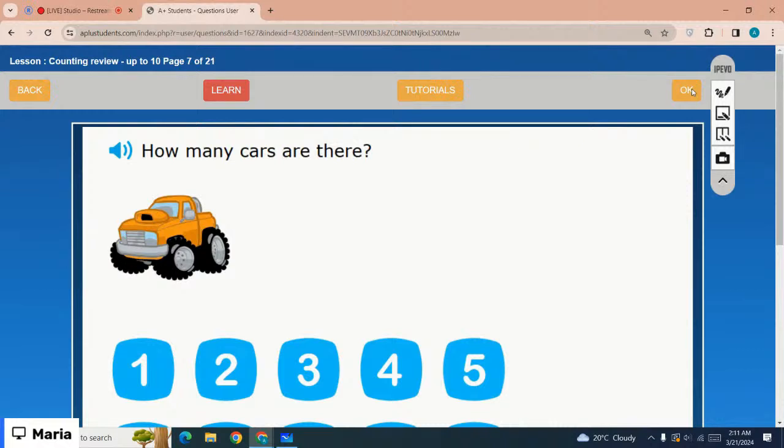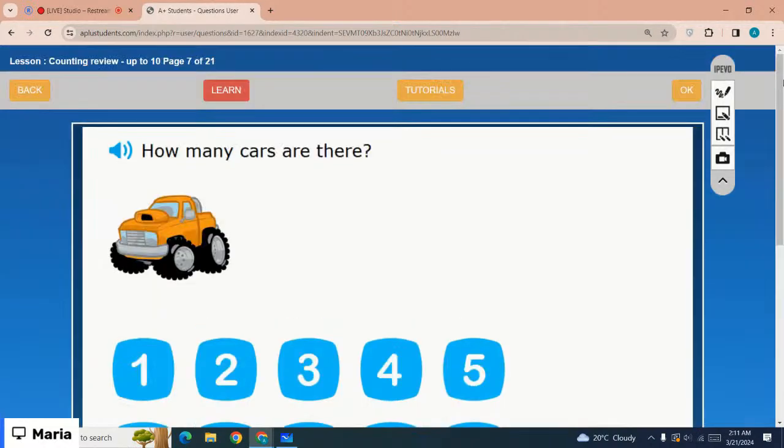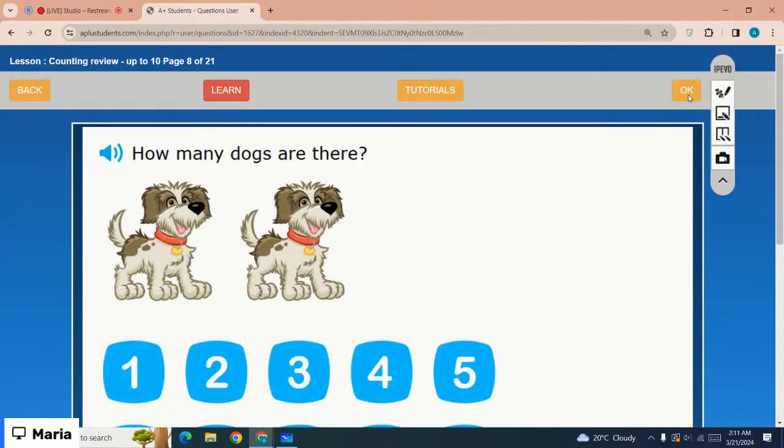How many cars are there? The correct option is only one car, right? The correct option is 1. Very good. How many dogs are there? Which is the correct option?